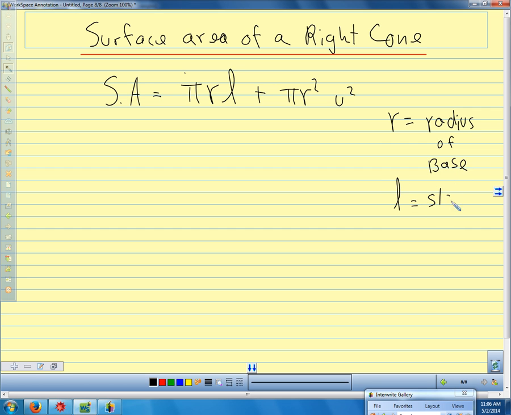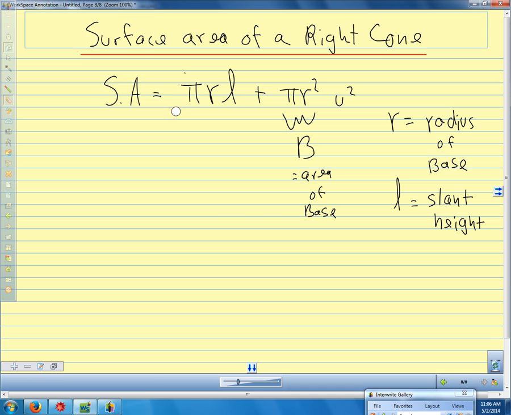L equals the slant height. And we can think of this pi r squared as B, area of base. So we have the area of the sides, one side for a cone, plus the area of the base, just like the formula for a pyramid. We added up the area of the sides, which were triangles for a pyramid, and added the area of the base. Here, our side was just one kind of curvy triangle, so we take the area of that and add the area of the base, which is a circle.